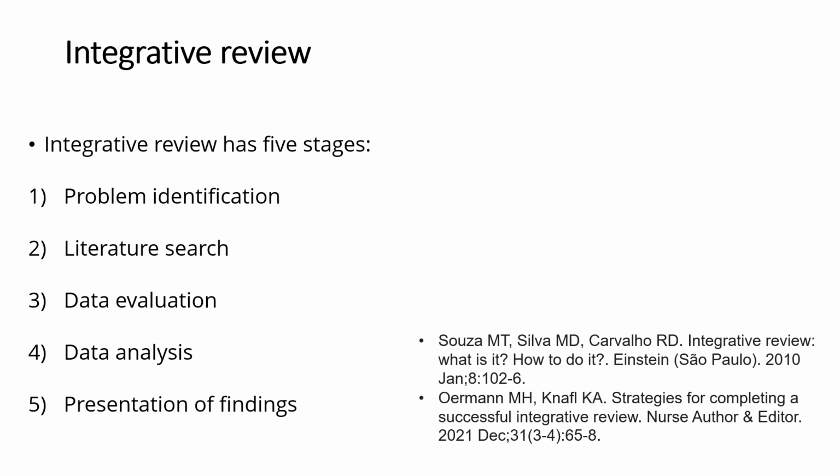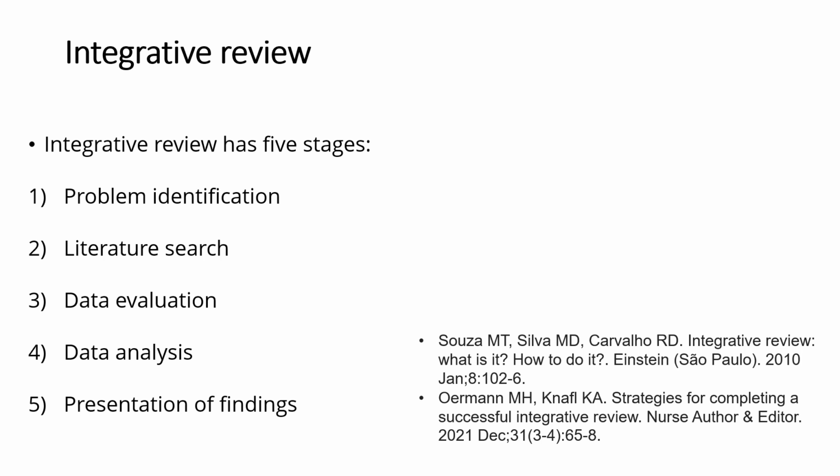So in searching literature, what makes an integrative review different from a systematic review is that any kind of article may be included: published, unpublished, conference abstracts, booklets, and other grey literature.